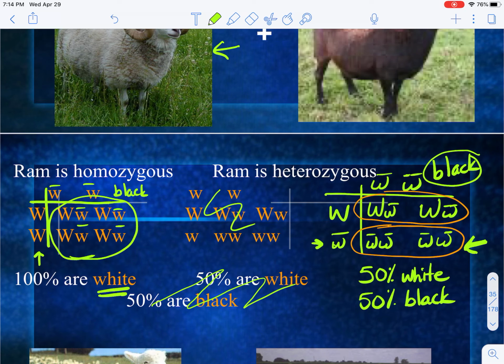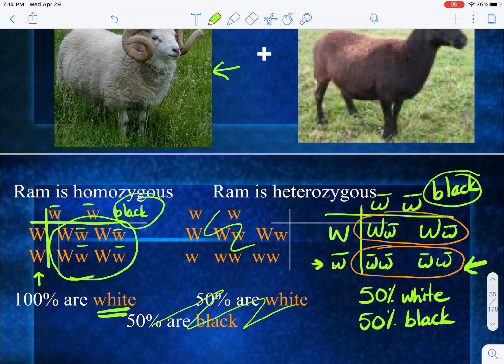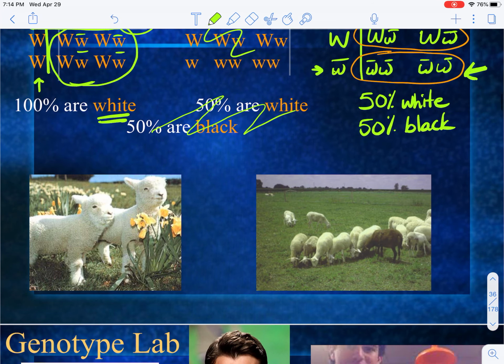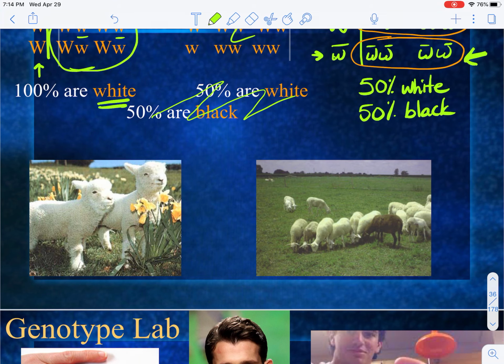And so it's very easy to do these crosses called test crosses. And a test cross means always cross with a homozygous recessive, and then you can quickly see what the genotype of that other sheep was.